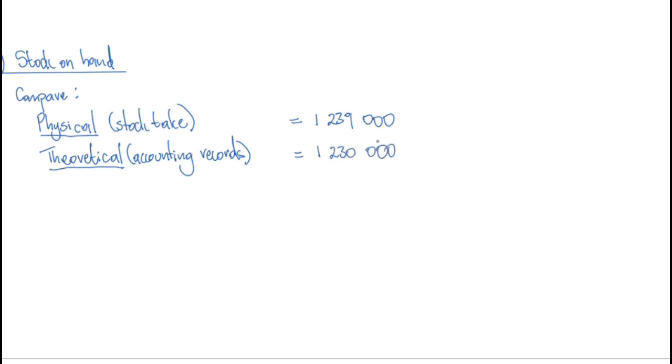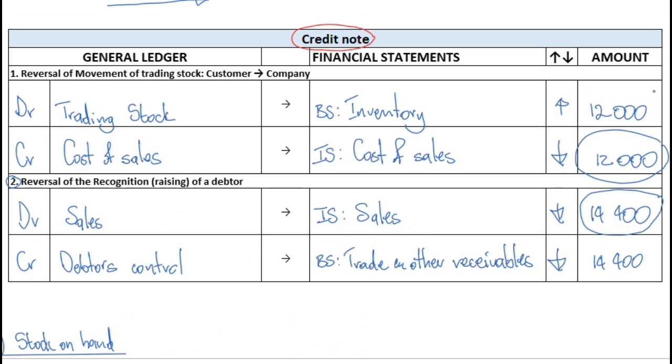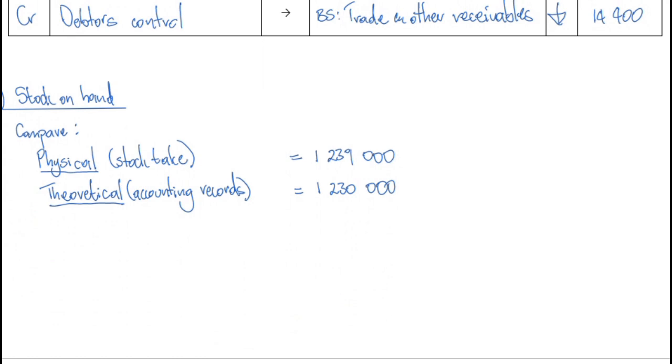Our accounting records indicate a balance of 1,230,000. But we need to remember that we have already adjusted this trading stock balance in the previous adjustment by 12,000 rands because P. Mahlangu returned trading stock of 12,000 rands back to us.